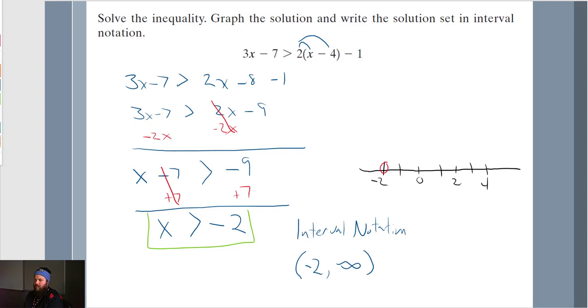And then we're going to draw a line going this way because it's everything greater than -2. So there's your graph. So it asks for these two things: interval notation and the graph.